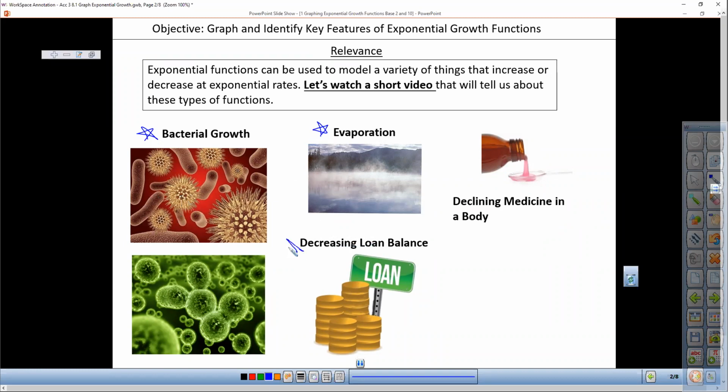Loan balance, like how your loan balance will decrease as you pay that loan off, is exponential. And when we take medicine, most medicines, the way the body uses them, decrease over time at an exponential rate, making it an exponential decay model. We'll look at some of those and other situations later on in our context lessons.